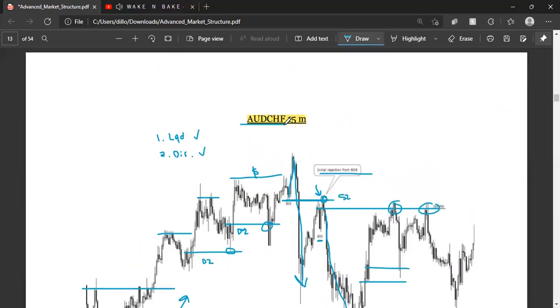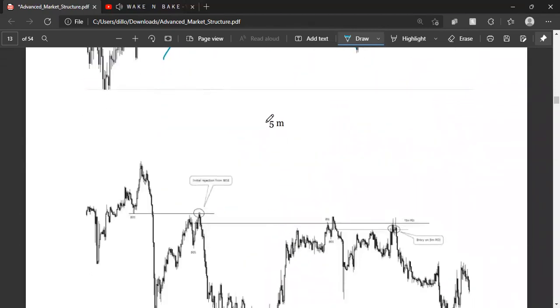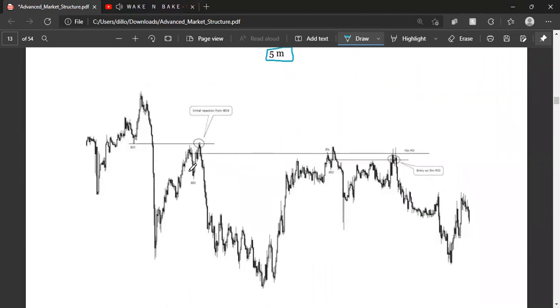So we go from the 15-minute to the 5-minute time frame, and now you can see that break of structure a lot easier. Here's that initial rejection from the first break of structure, and this rejection gives us another break of structure.